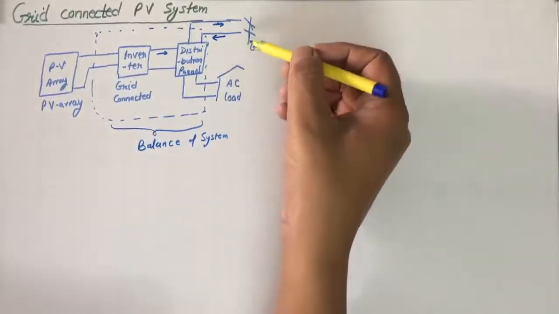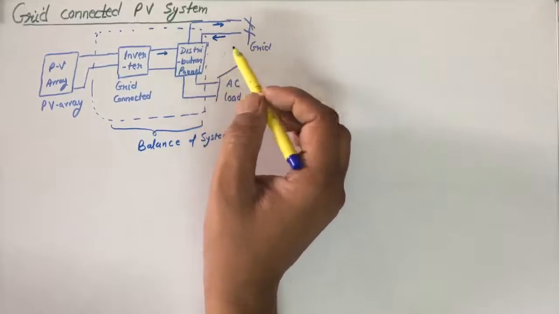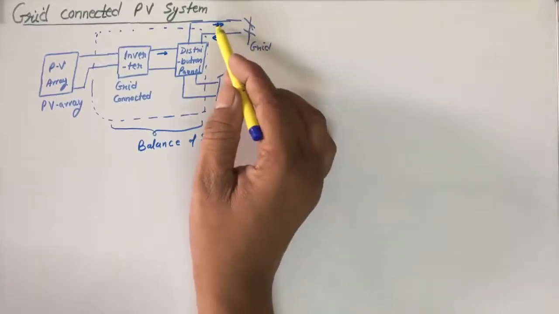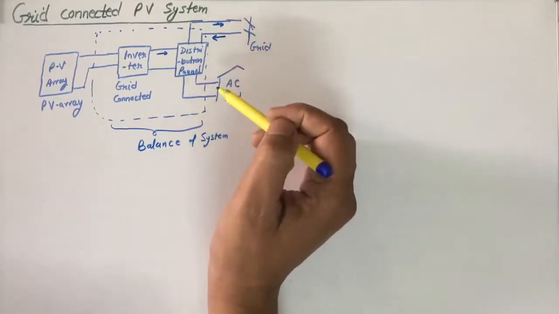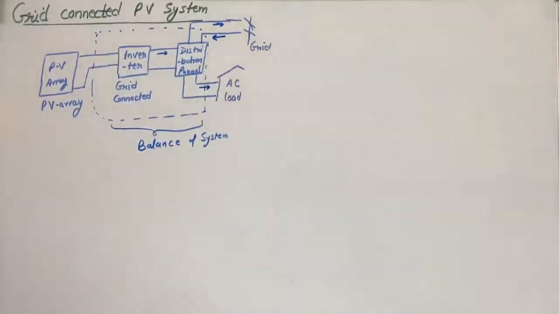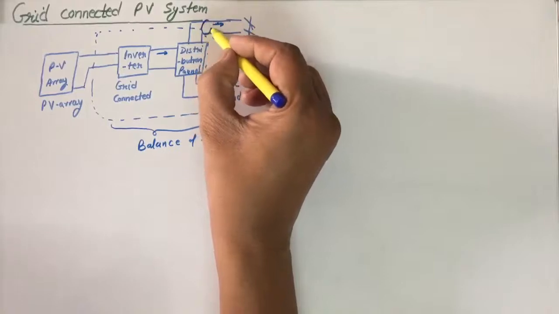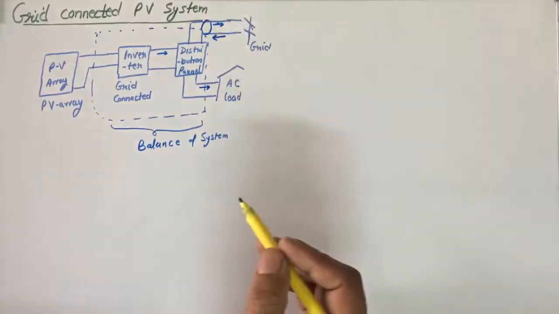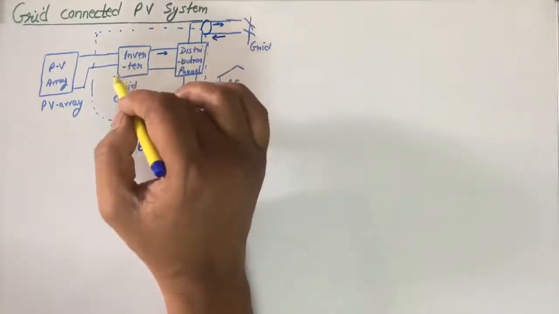The load and grid are connected through the distribution panel, and the interaction with the grid is two-way, while the interaction with the load is unidirectional. Net metering is used in the grid-connected type of PV system.